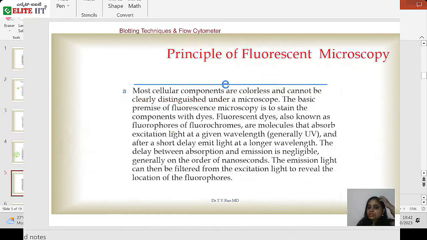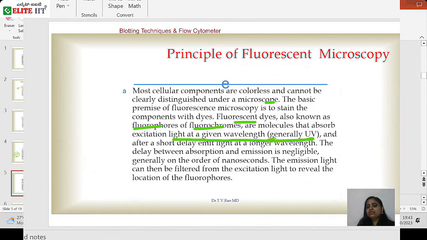Now, in this case, what is happening? Most cellular components are colorless and cannot be clearly distinguished under a microscope. In this case, fluorescent dyes are given. Fluorescent dye is also known as fluorophores or fluorochromes. Those are the molecules that absorb excitation light at a given wavelength, generally UV.